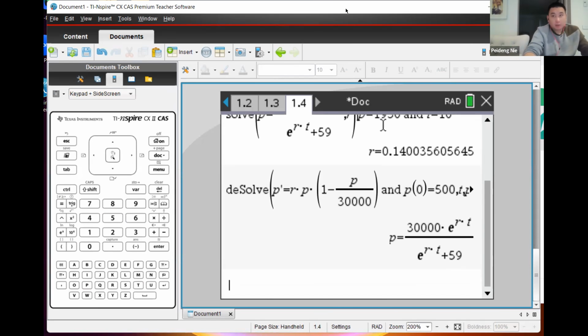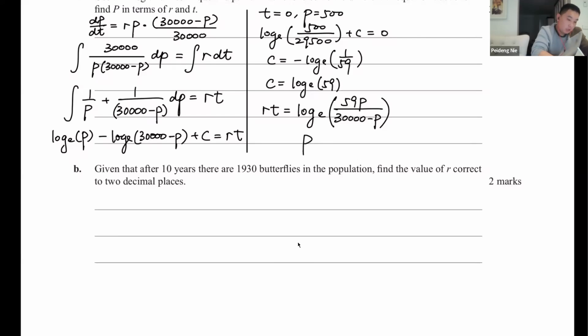Okay, let's get back to the second part. So I'm going to say P equals, for my calculator, this is the answer.